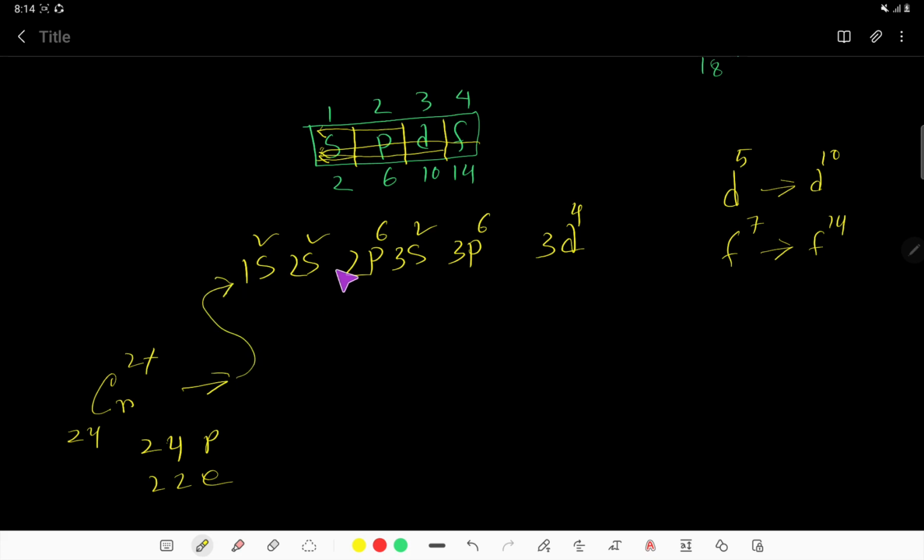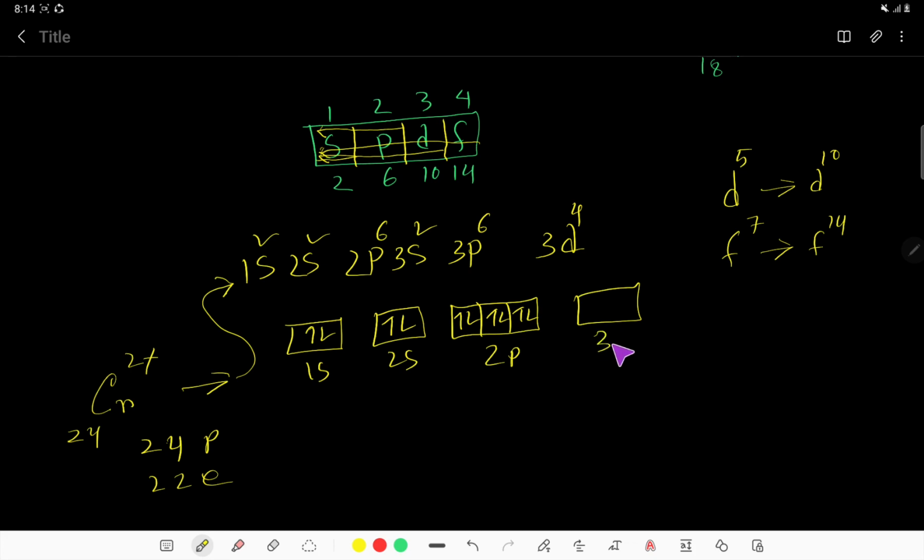How do we express this electron configuration using an orbital diagram? So let us do that. 1s, here 2, then 2s, 2, 2p6, p has 3 orbitals, 6, then 3s2. This is the orbital diagram.